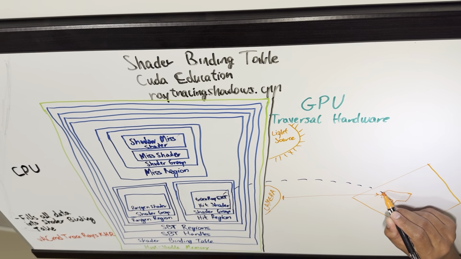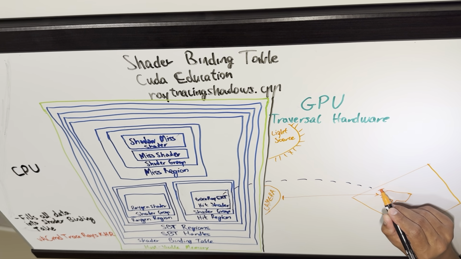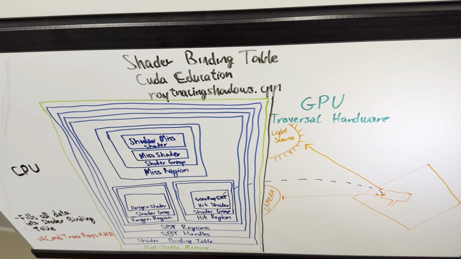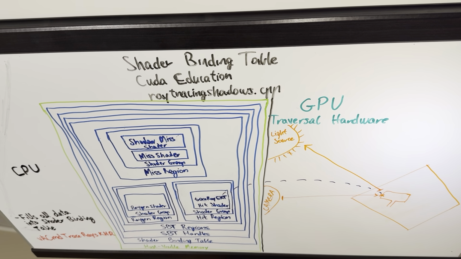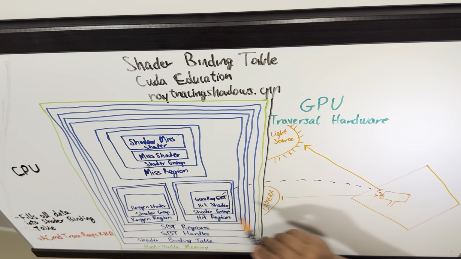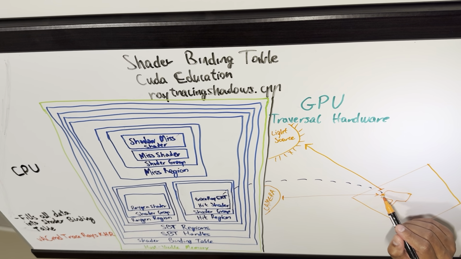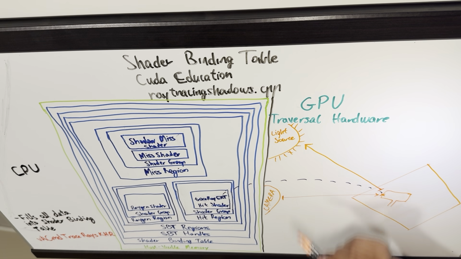So from this point to this point, we activate the shadow test ray, and this is because of this. So trace ray ext in the hit shader activates the shadow test ray, or the shadow ray.